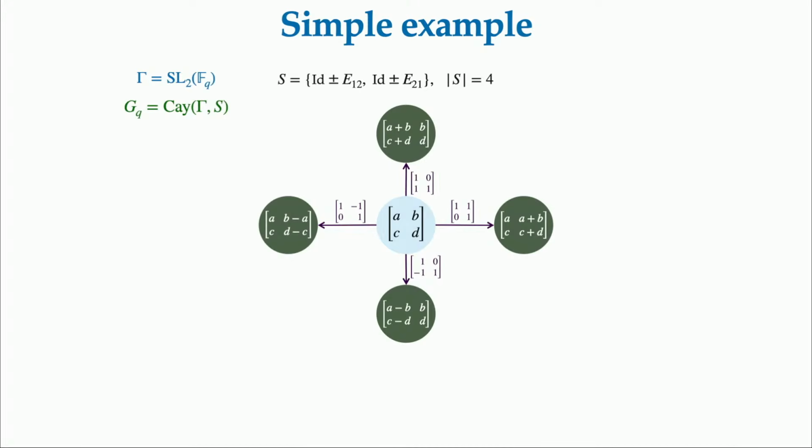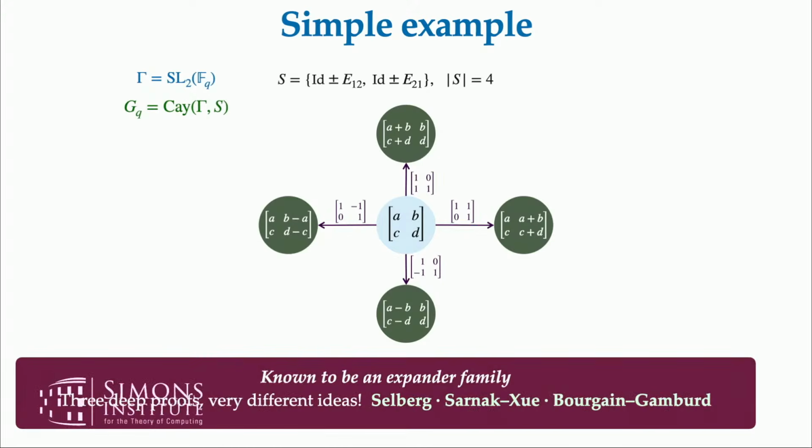But you can imagine as you walk more along the graph, you can get to pretty different looking matrices fast. Okay, so this is a pretty simple to describe expander family. And it has inspired a lot of different ideas. There's actually 3 pretty deep proofs of the fact that this is an expander.